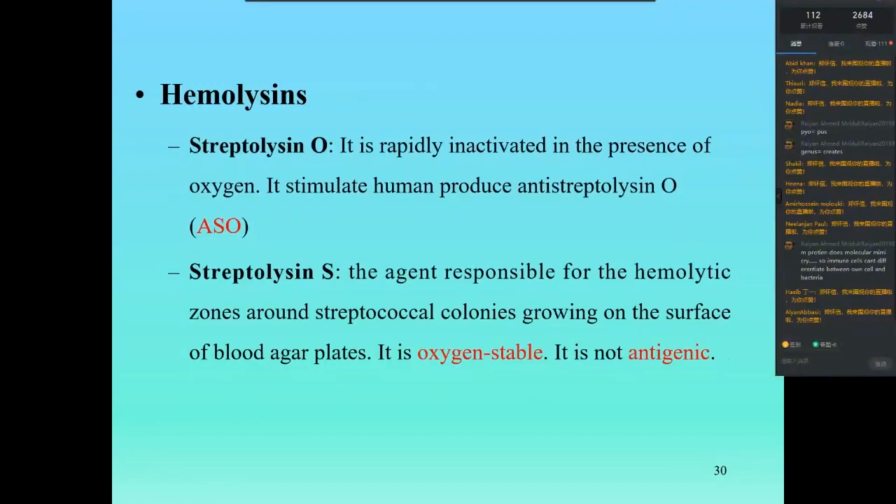And also another one is called puerperal fever, and this is the major threat in the history for humans.